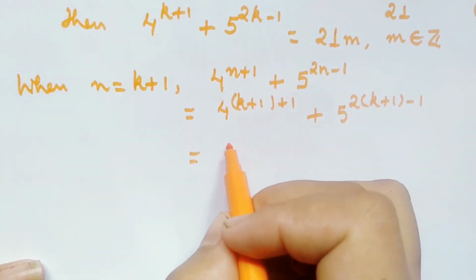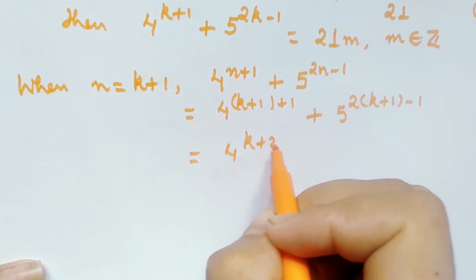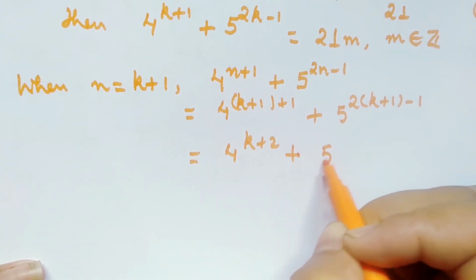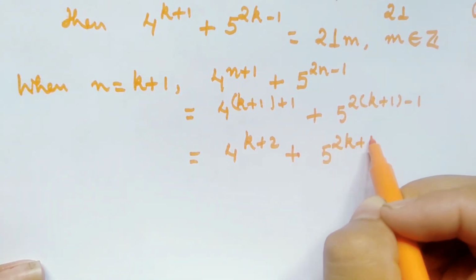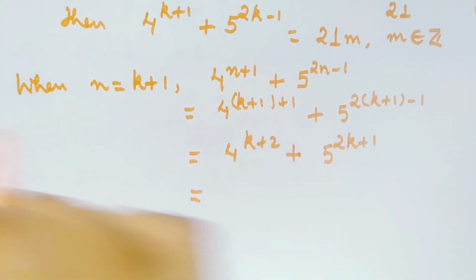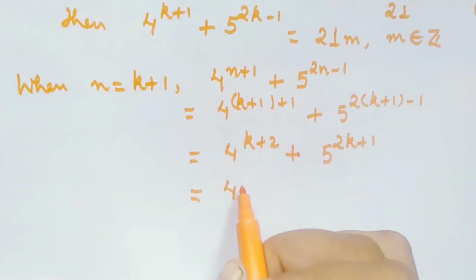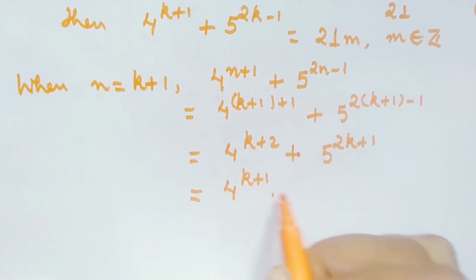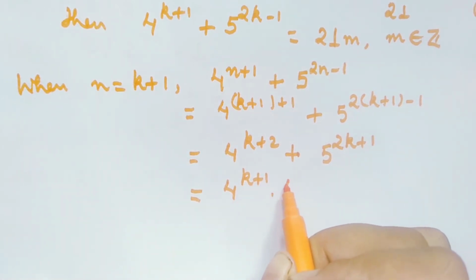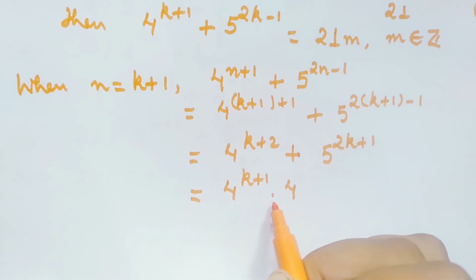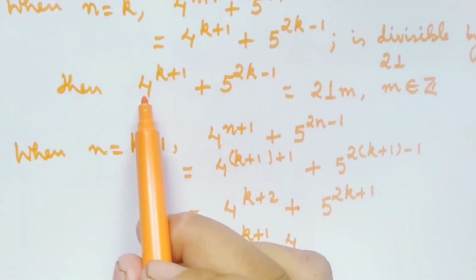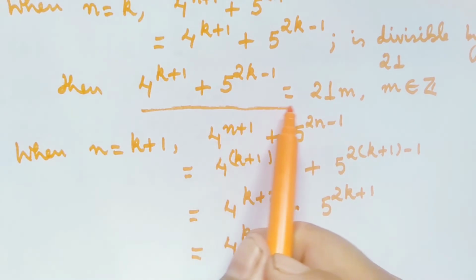This one is equal to 4 to the power k plus 2 plus 5 to the power 2k plus 1. In the same way, here we can write this as 4 to the power k plus 1 into 4. I'm writing this one like this because I want to use this one.